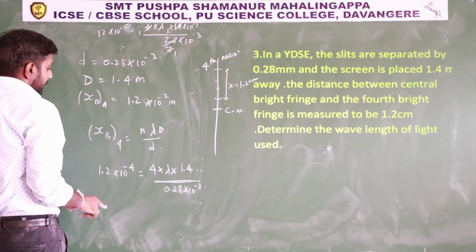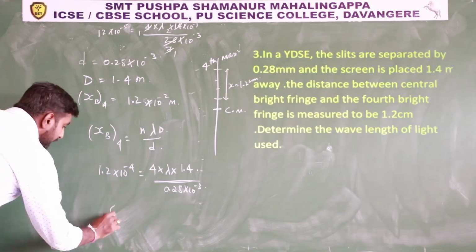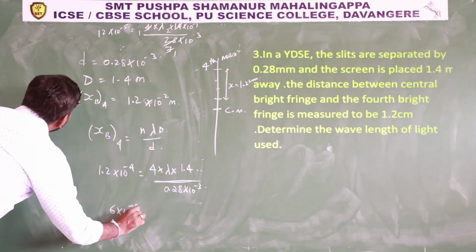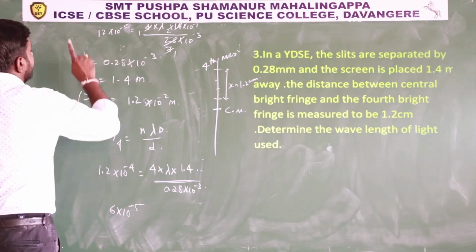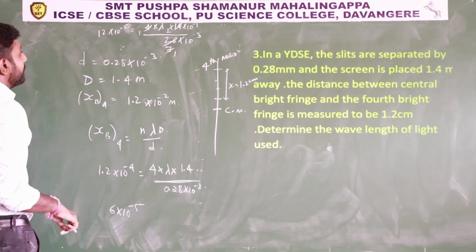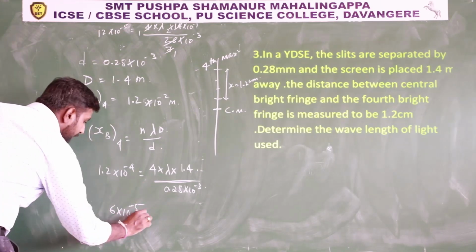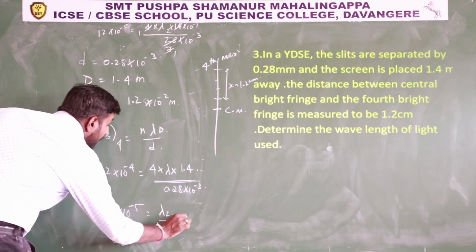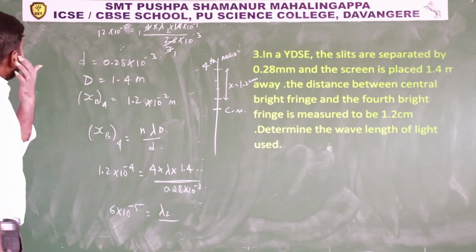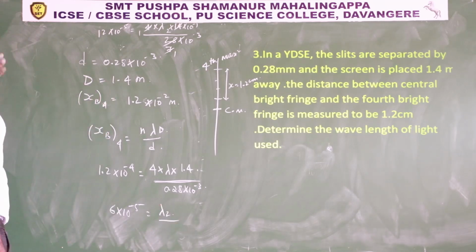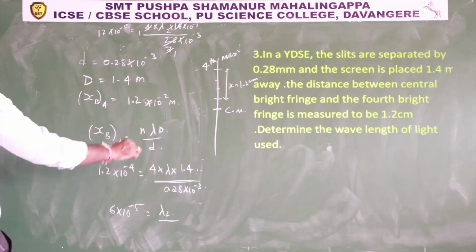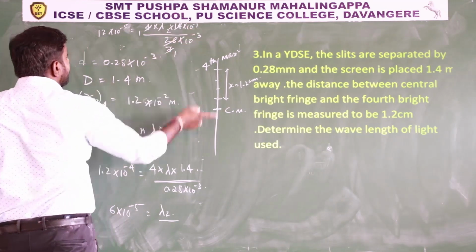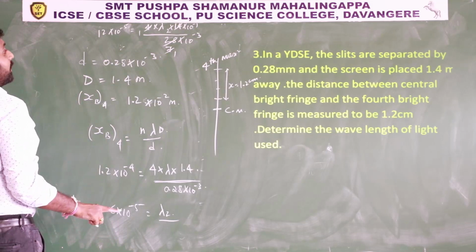Finally on this side you will get 6 into 10 to the power minus 2, and 6 into 10 to the power minus 5 equals lambda into 2 divided by 10 to the power minus 1.